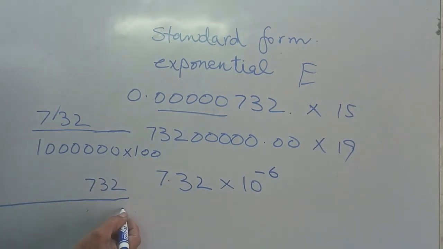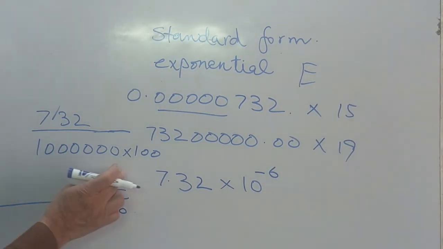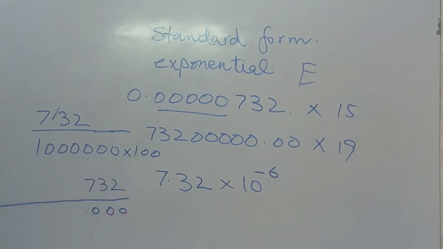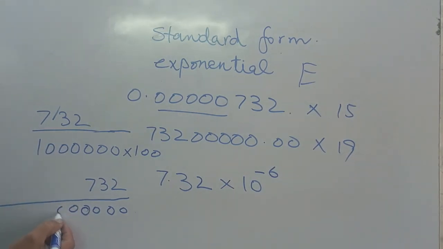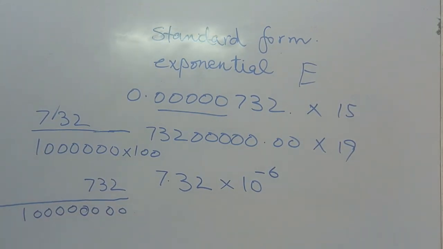I am going to write 1, 0, 0. All the three digits are written. How many zeros do we have in total? We have 8 zeros in total: 1, 2, 3, 4, 5, 6, 7, 8. So write all the 8 zeros, and then of course 1, because when it multiplies, this whole thing will appear for you.